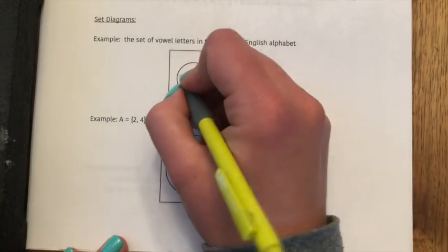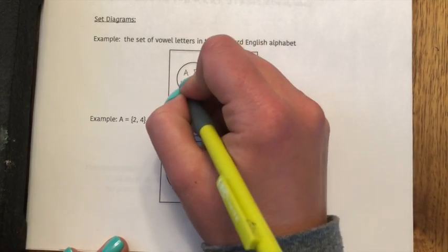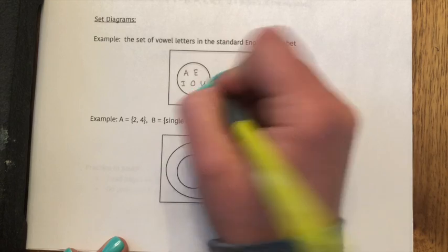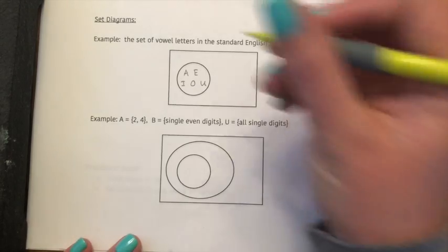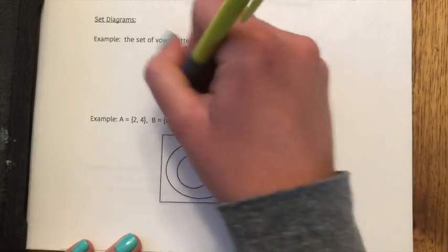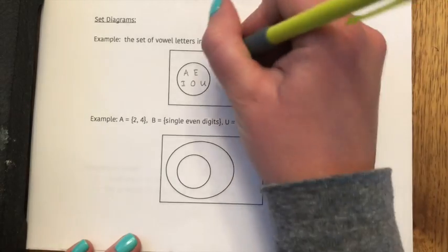So we know the vowels are A, E, I, O, and U. We're not going to put Y in because it's only a sometimes. And then all of the other letters are going to just be in the outside box of this set.